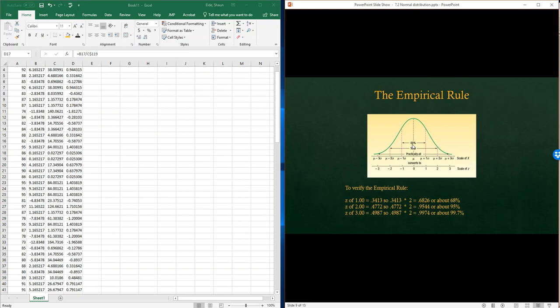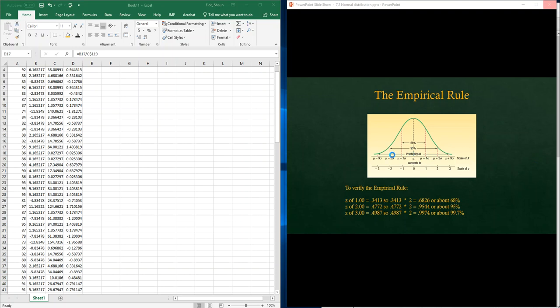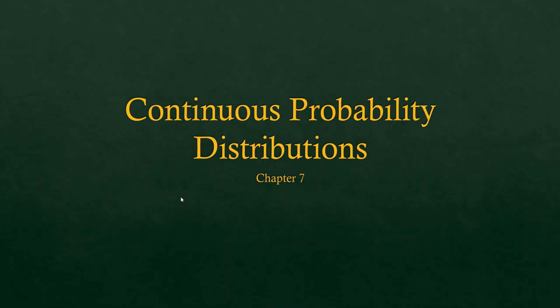There's 68% of individuals falling within one standard deviation, 95% falling within 2 standard deviations, and almost all people falling within 3 standard deviations, but it's really actually only about 99.7, or to be more specific, 68.26 falls within 1 standard deviation, 95.44 falls within 2 standard deviations, and then 99.74 falls within 3 standard deviations.